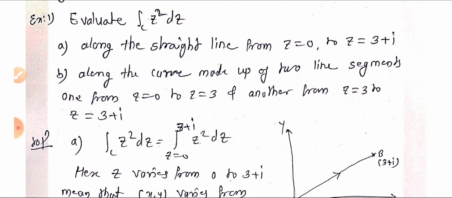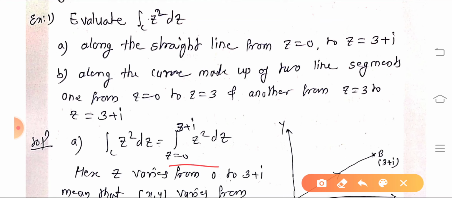Here z equal to 0 means 0 plus i0, so x equal to 0 and y equal to 0, and z equal to 3 plus i means x equal to 3 and y equal to 1.